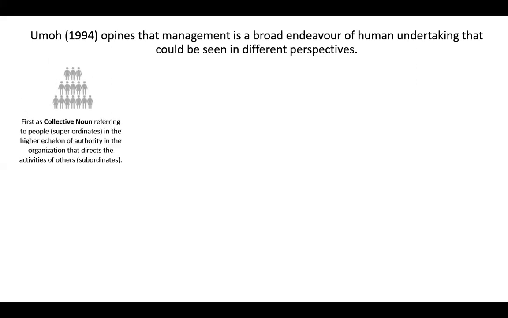The first one is looking at management as a collective noun. You simply refer to people, the superordinates in the organization, in the high echelon of authority, who direct the activities of others who are the subordinates.